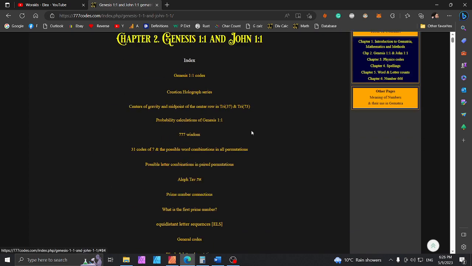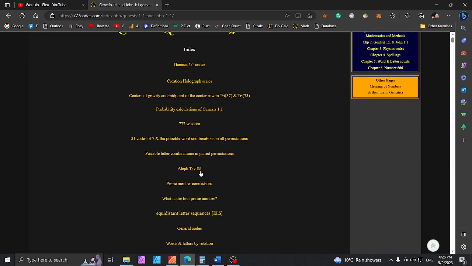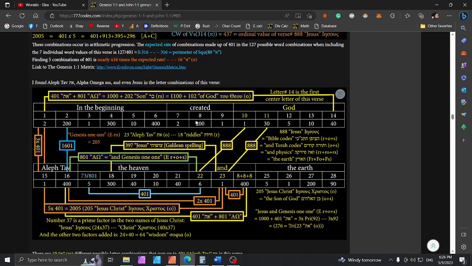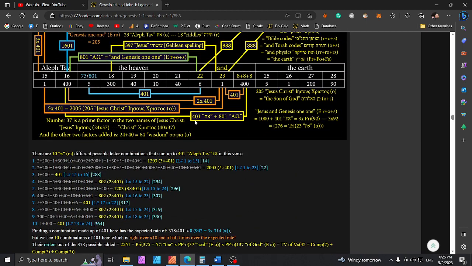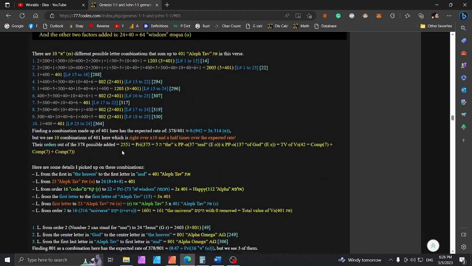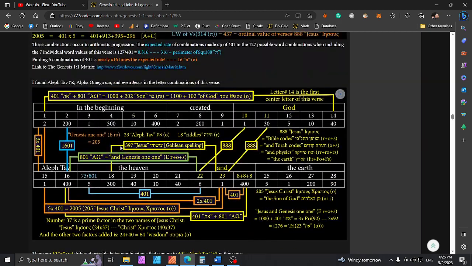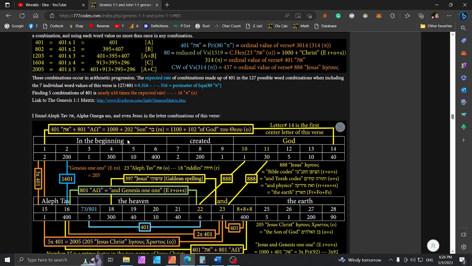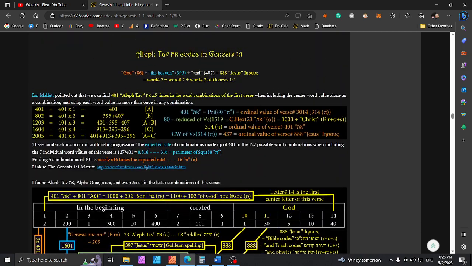You click on Aleph and Tav in the Genesis and John 1:1 chapter. I did some changes to this part yesterday, and the results are very interesting. So I'm just gonna go through this quite fast.